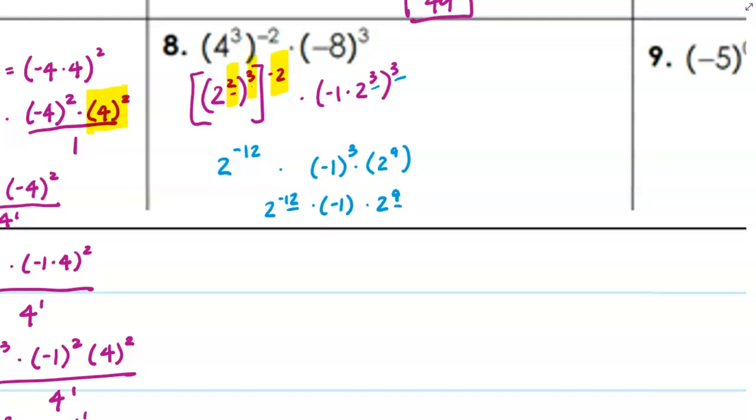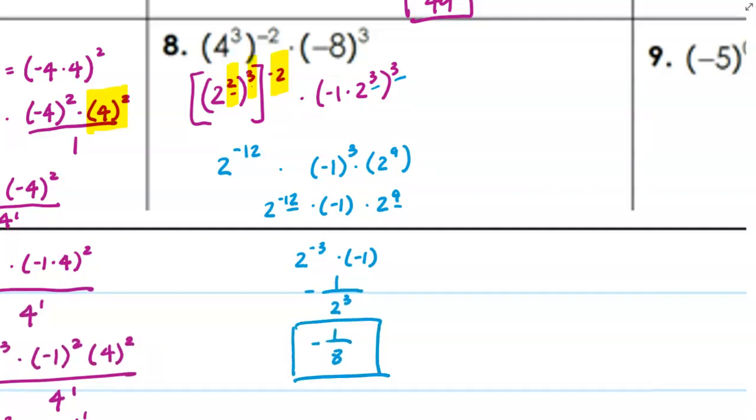I could just add these two exponents. So I get 2 to the negative 3, negative 1. So whatever it is, it's going to be a negative. And 2 to the third in that denominator. So that's going to be a negative 2 to the 8th. Voila!